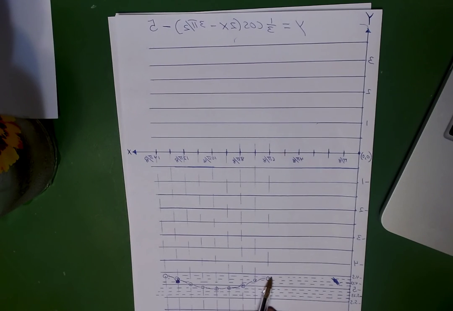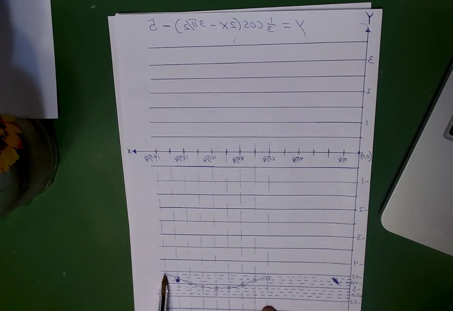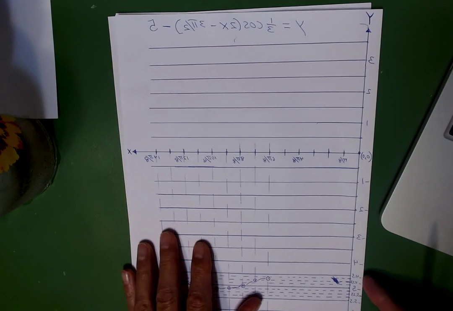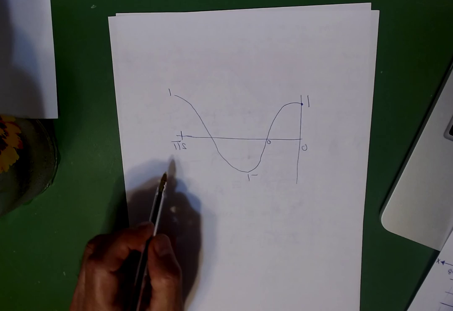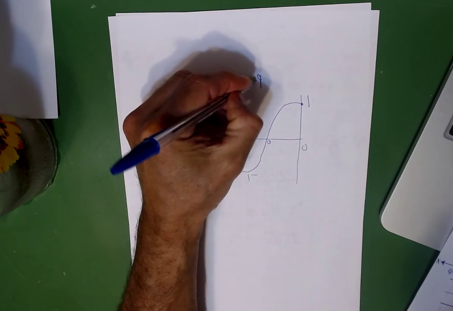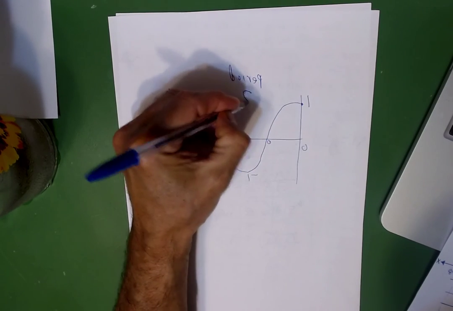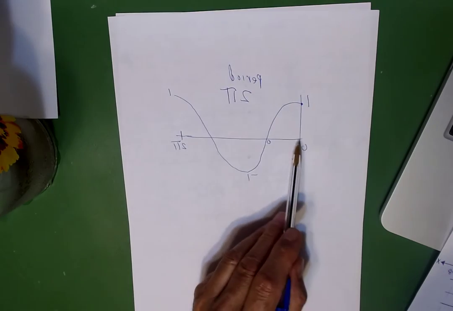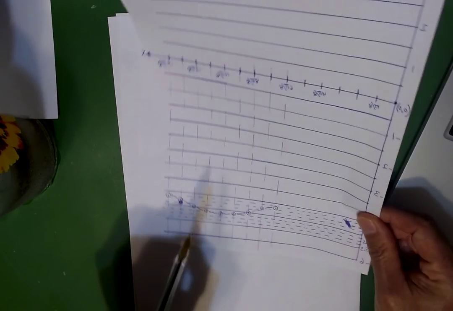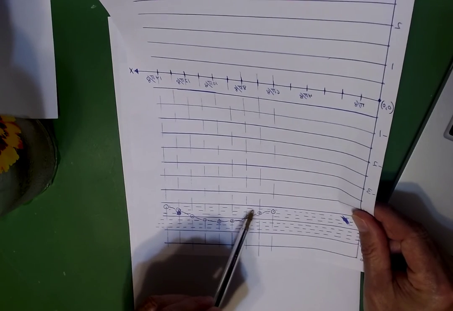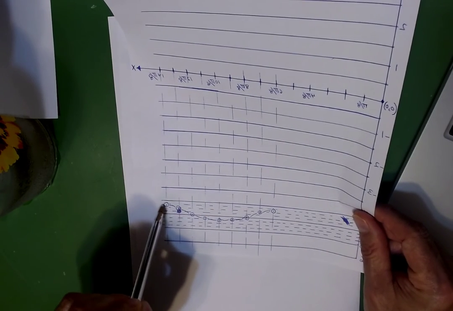So the period for this whole thing is just pi. Whereas for the plain Jane ordinary cosine function, the period is 2 pi, right? To do one complete cycle, we had to travel 2 pi. And here we get the complete cycle in 1 pi.